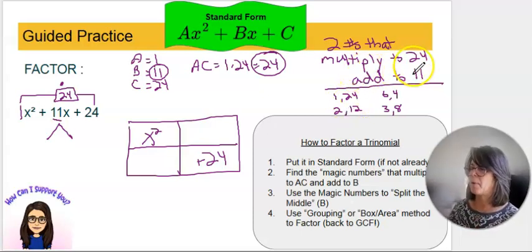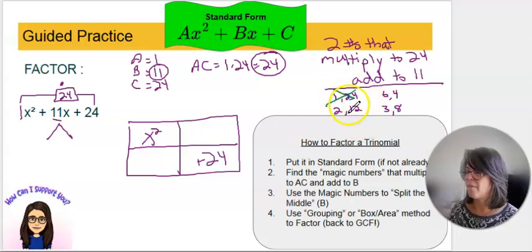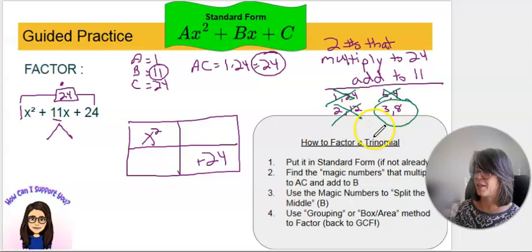They could add up to 11. Well, certainly the first one cannot, right? So that won't work. 2 and 12, I can't get 11 out of that. 6 and 4, that would be 10, no good. But 8 and 3, they do add to 11. And so those are my magic numbers, 3 and 8.